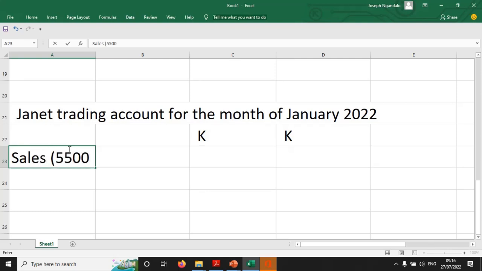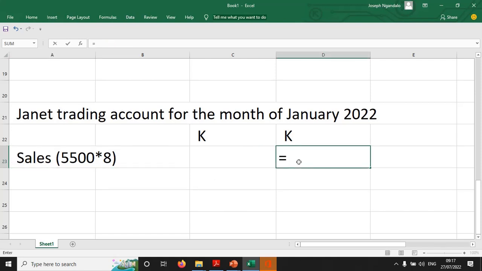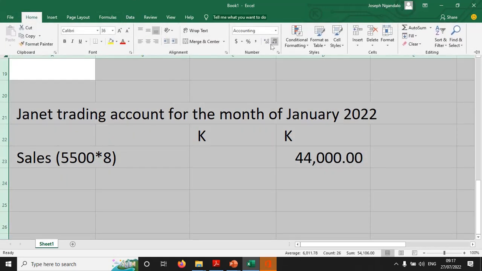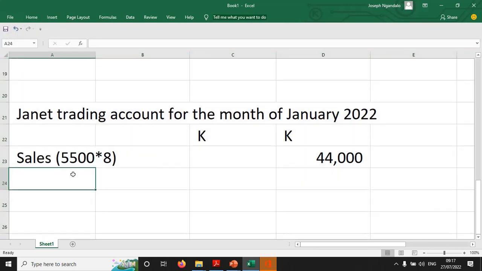Sold how many units, my dear? So how much is the value? 5 by 8. I hope you can see that. Okay, for the sake of peace, let me just eliminate the zeros. What do you think? Eliminate the zeros. Next, we go to opening what?